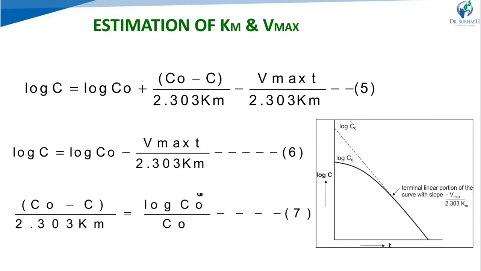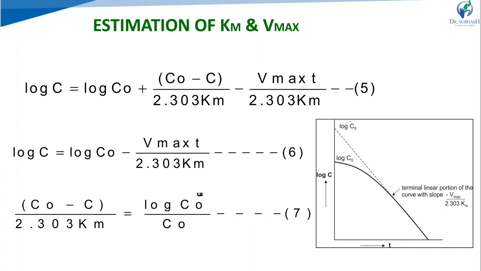When we plot the semi-log plot of log C versus time, we get a curve with a terminal linear portion having slope minus Vmax upon 2.303 Km, and when back extrapolated to time zero it gives the intercept log C0, the back extrapolated value.